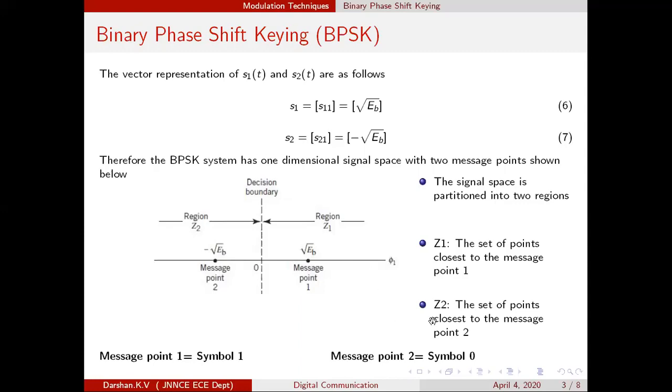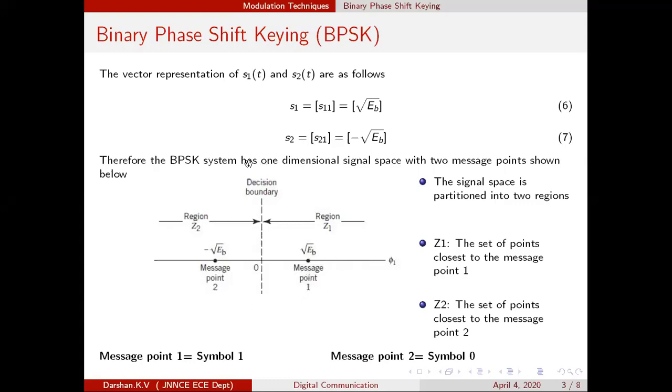And the advantage of this graph is that the message points are shown. Whenever you receive any signal, the signal would be converted into a point and plotted in this same coordinate system. So whenever the received signal falls here, what will you infer? The inference is that message point 1 was transmitted.